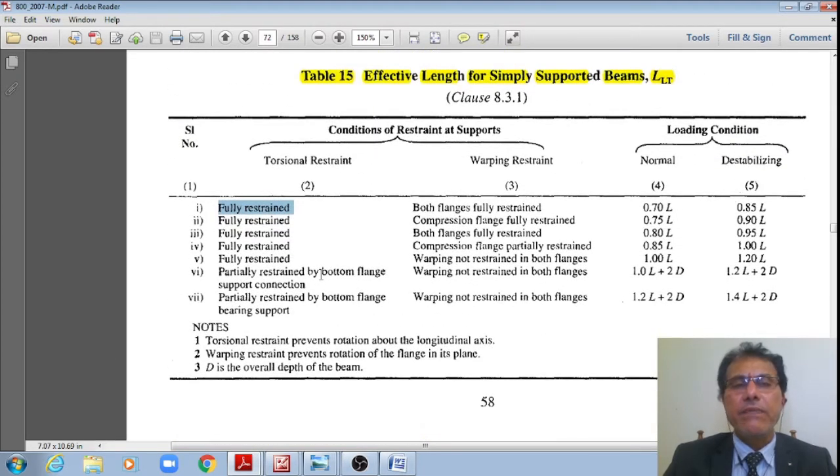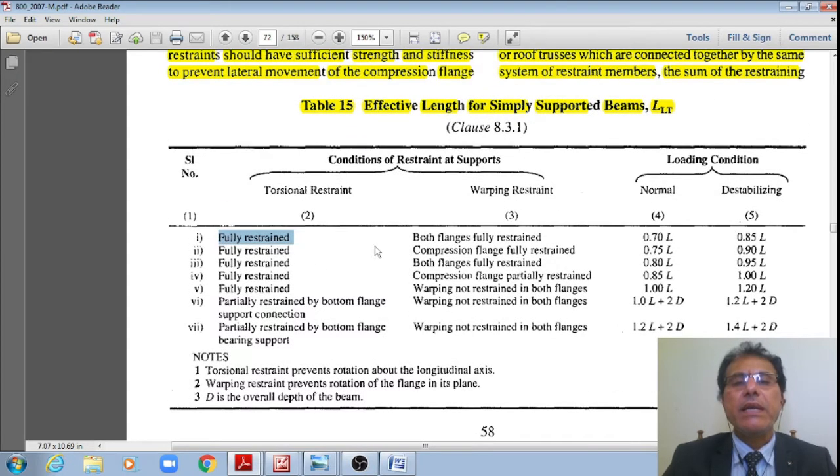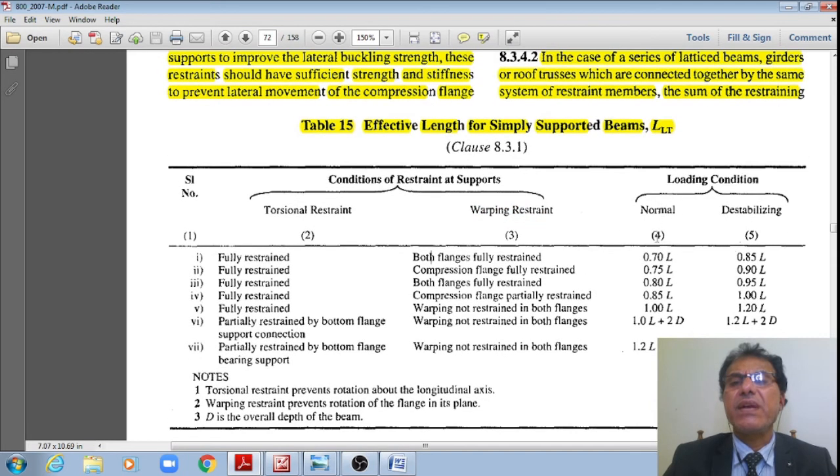And even if the main beam is connected by means of the secondary beam, then it is neither subjected to torsion nor subjected to warping of such elements. Therefore, in such a case for normal loading, the effective length of the simply supported beam shall be taken as 0.7 L, right? Whereas for destabilizing load conditions, the effective length shall be taken as 0.8 L. Like that, even you please see for other conditions, right?